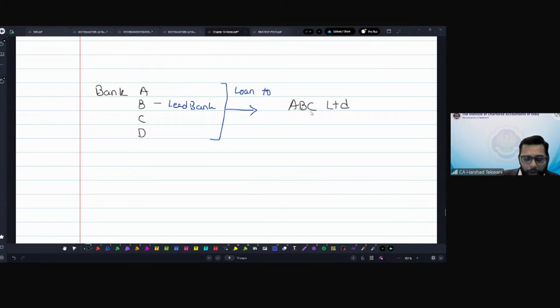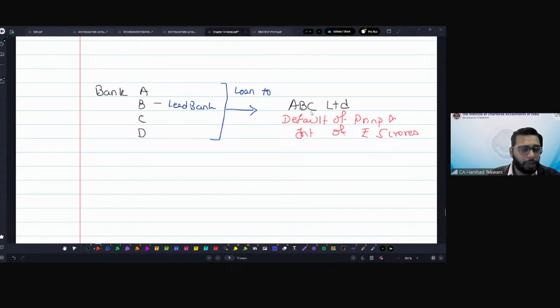So there is a default of principal and interest of, let's say, 5 crores. Now, usually in a consortium system, there is a lead bank, let's say bank B. I pay interest and principal to the lead bank, and then the lead bank distributes that amount to other banks, because the loan is given by each and every bank.